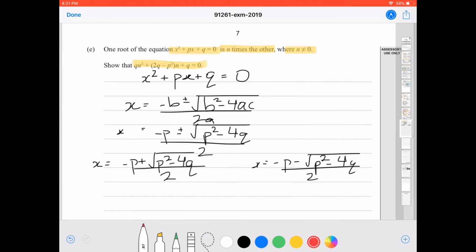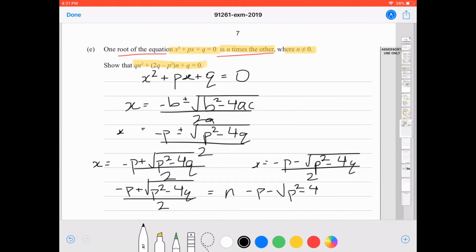it says one root of the equation is n times the other. So if we wanted to make them equal each other, we could say minus p plus root of p squared minus 4q over 2 equals n times our second root, which is minus p minus root of p squared minus 4q over 2.